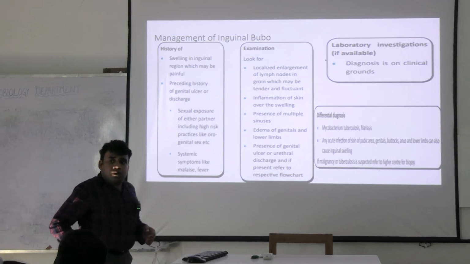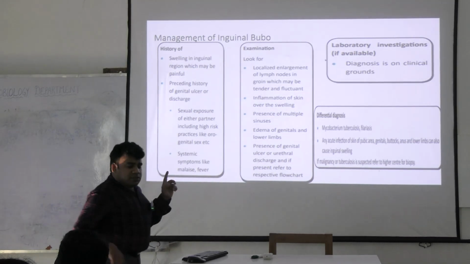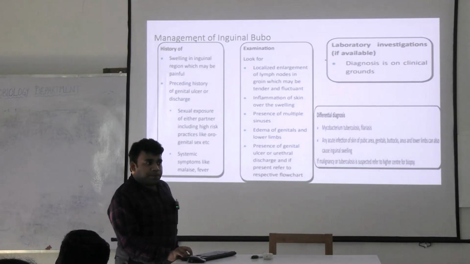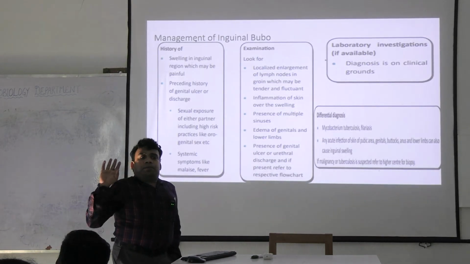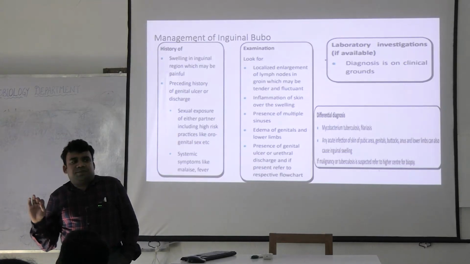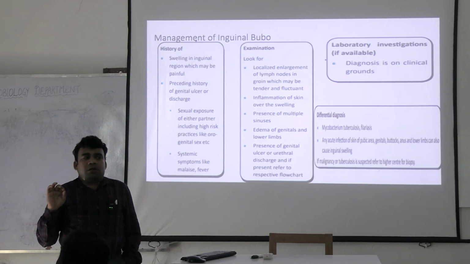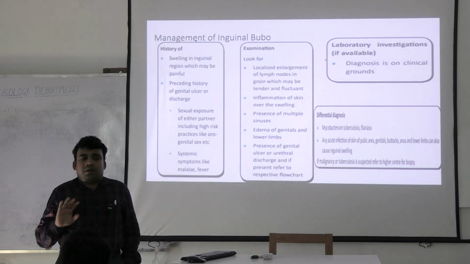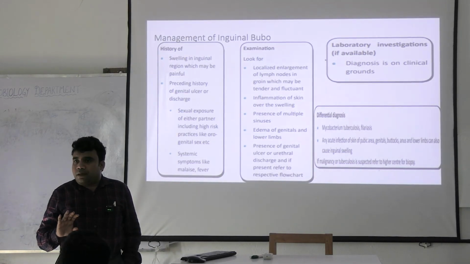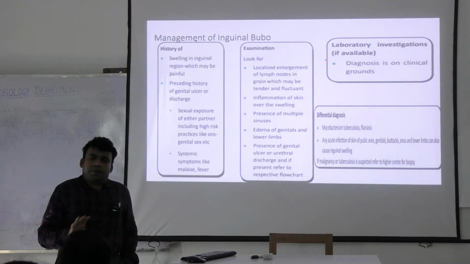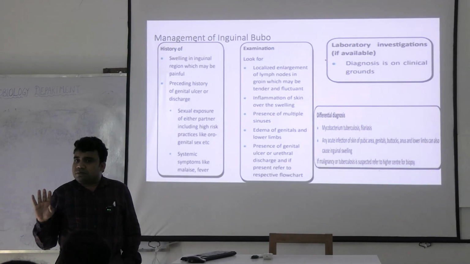After having ruled out, you have to ascertain that this may be because of either chancroid or LGV. Please do not try to aspirate from an inguinal lymph node without a proper setup. If you are sitting in a PHC and see an inguinal bubo, do not aspirate.